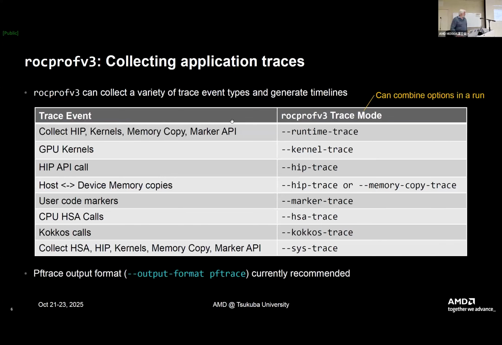The different trace modes that you have over here, you can select what information you're getting. As a starting point, I would suggest doing systrace. If you find that gives you too much information, you may want to use something that's just showing a small subset of all the data.